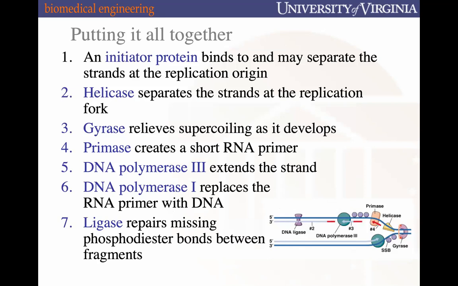For eukaryotes, it's the ORC complex. And because particularly for eukaryotes our initiator proteins cannot melt the DNA, it's important to have these helicases.